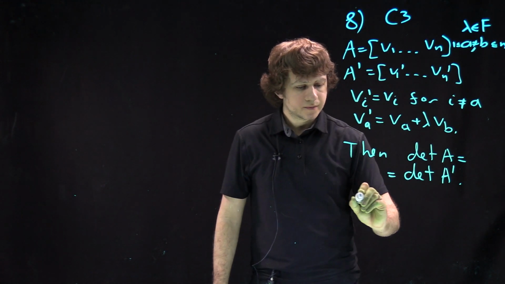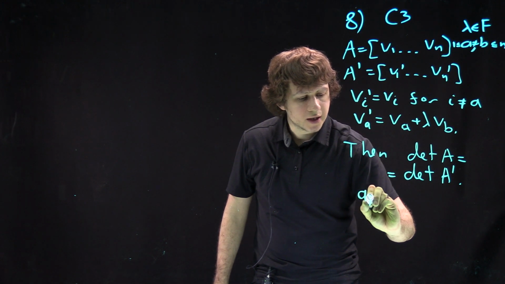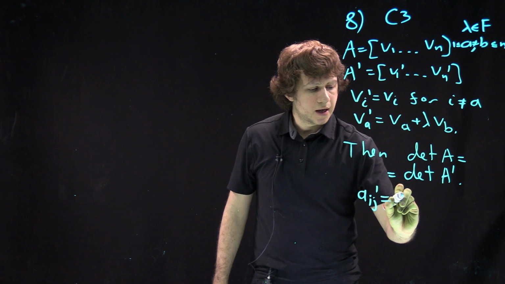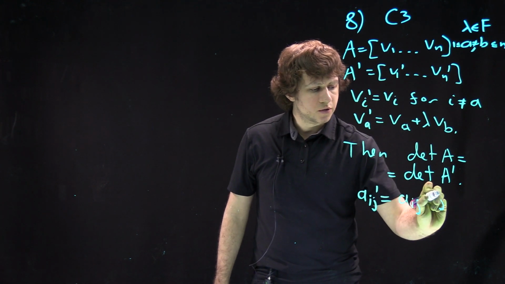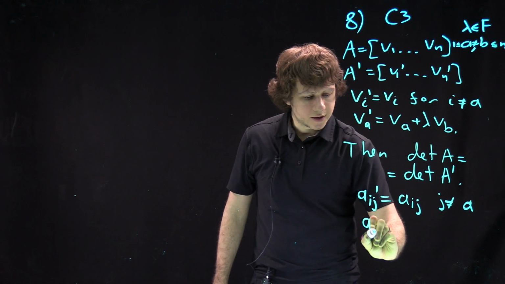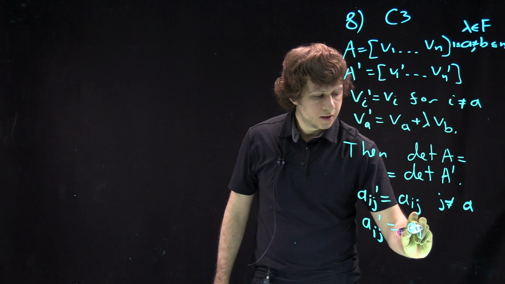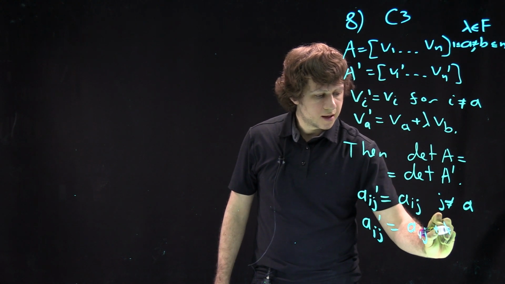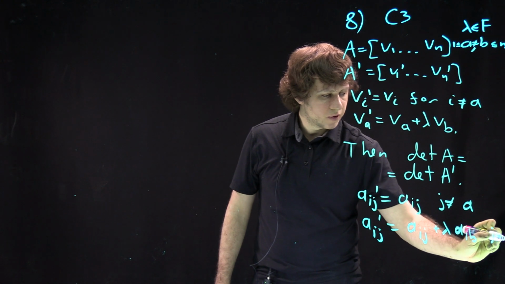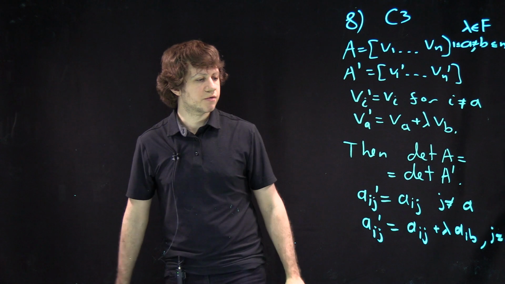In terms of Aij, I know that Aij prime equals Aij for j not equal to a, and Aij prime equals Aij plus lambda Aib for j equal to a. So this is how the matrix changes.